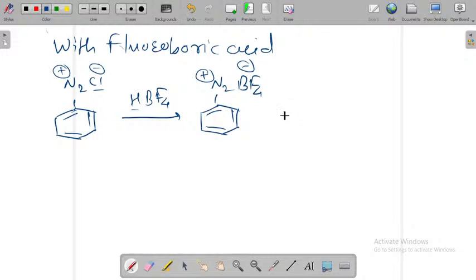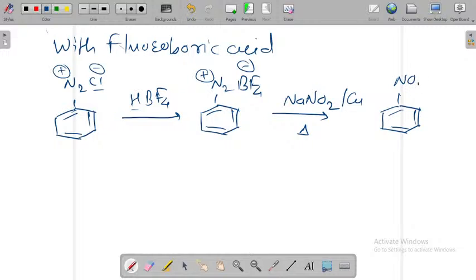This gives, in presence of sodium nitrite and copper, on heating, nitrobenzene with the NO2 group, plus the byproducts, NaBF4.